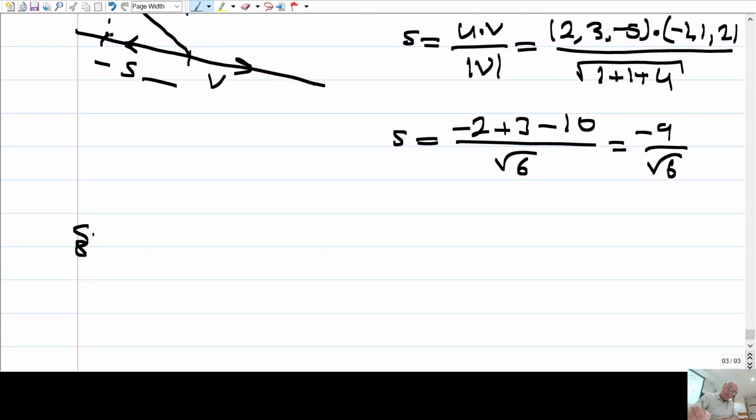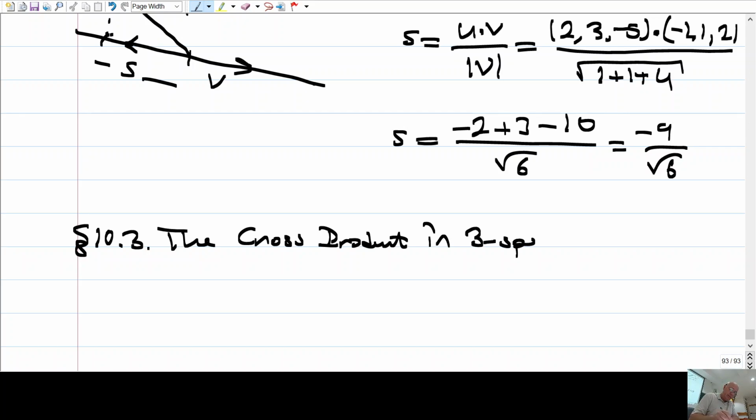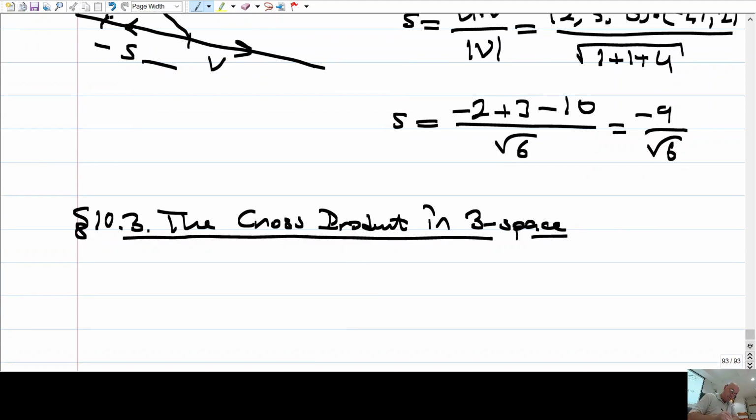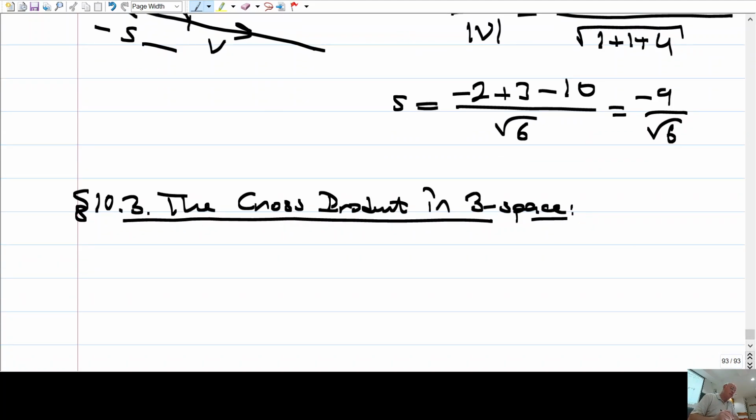The next section is the so-called cross product in R3.